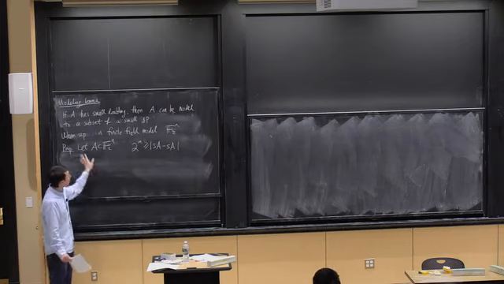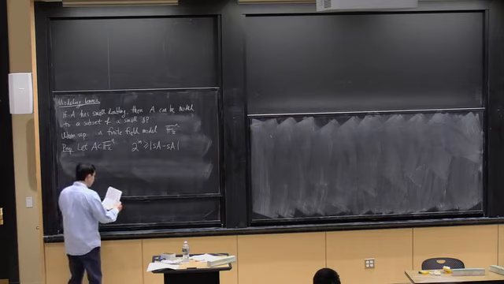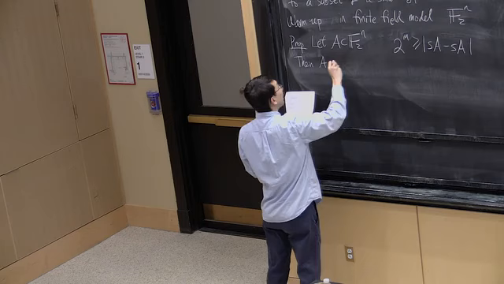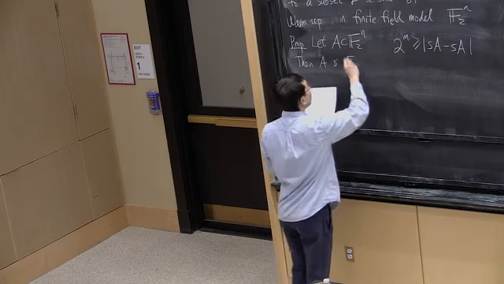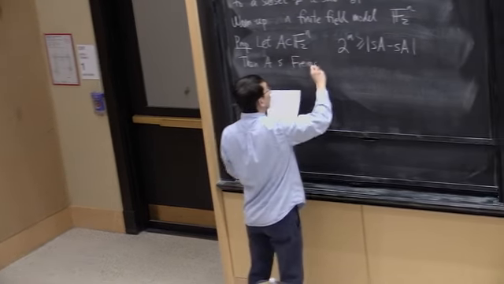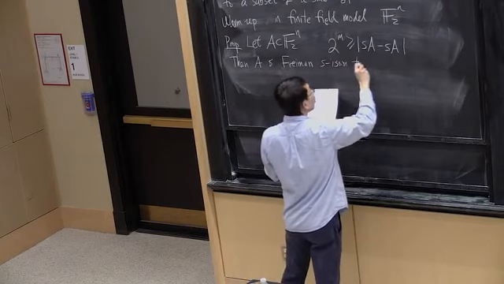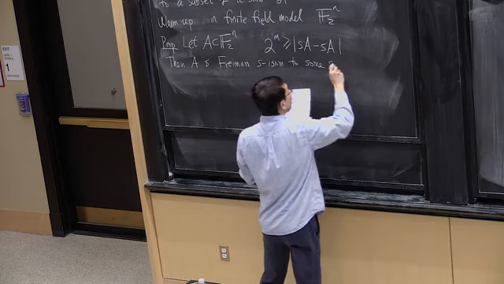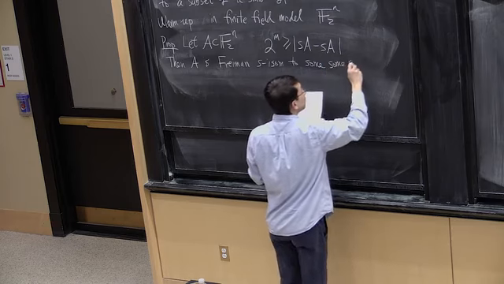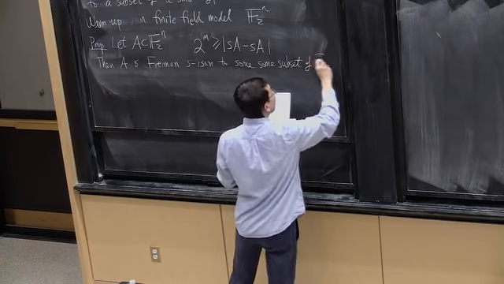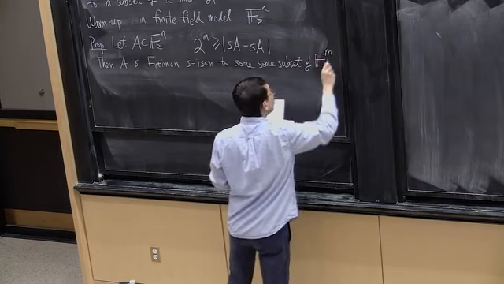So suppose we have these parameters and sets. The conclusion is that A is Freiman s-isomorphic to some subset of F2 raised to m.